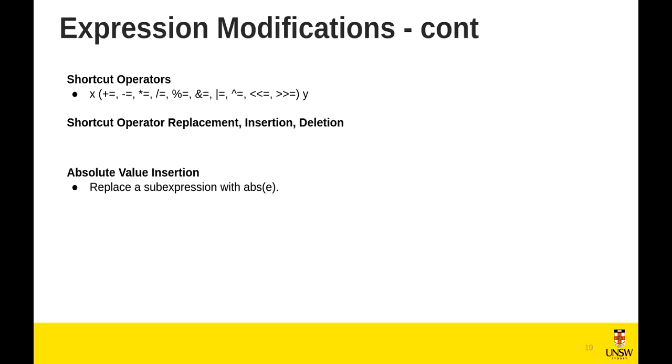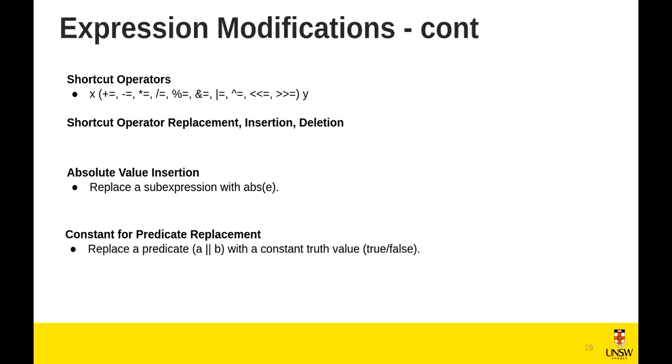We can try to replace a sub-expression in one expression with some absolute values. And we can try to replace a predicate, because those relational operators are normally used in predicates or conditions. So we can replace the value of the entire predicate with a constant value of true or false.